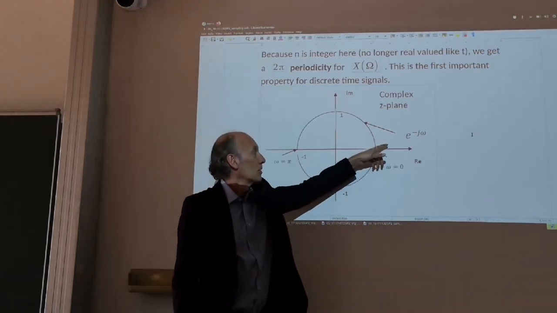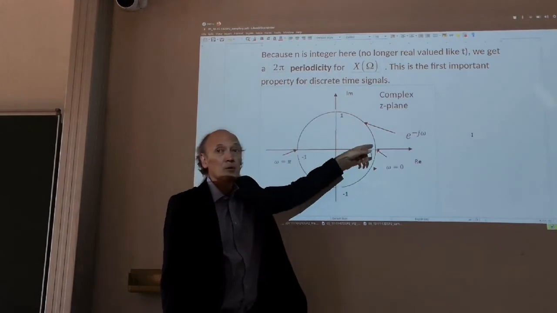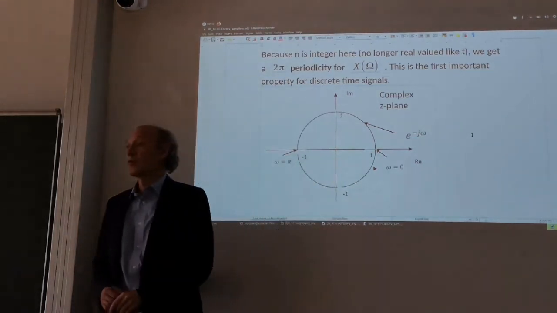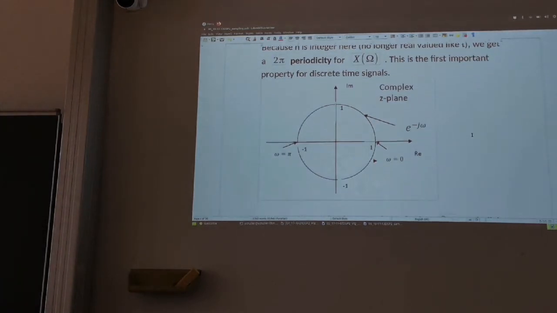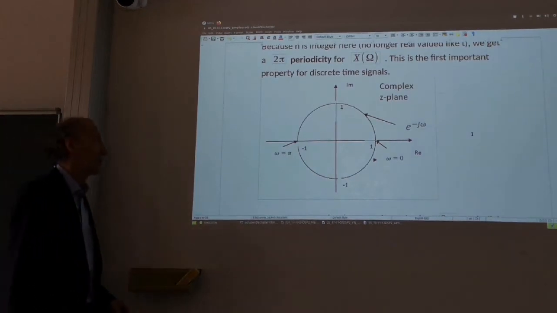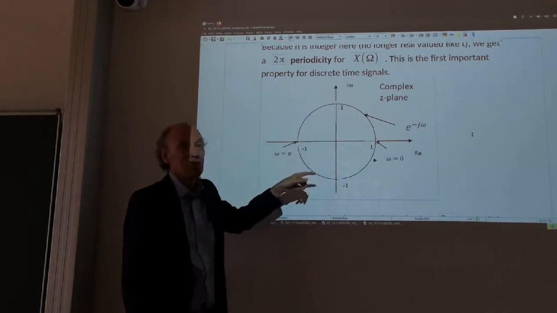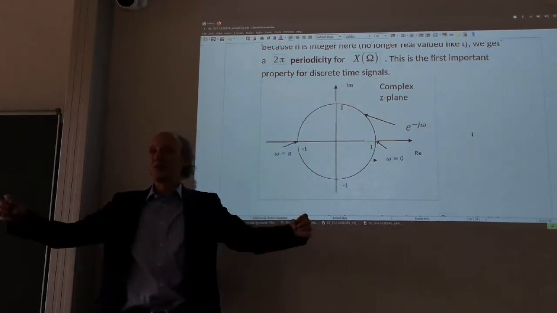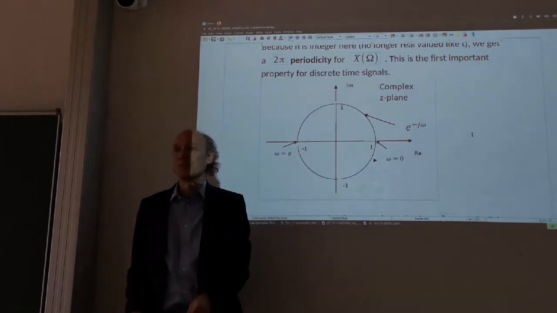When you look at e to the minus j omega, it repeats. When you have omega equal to 2 pi, it's identical to 0. So this is basically the frequency domain in discrete time signals. Instead of a line extending to infinity, here you have a closed circle which repeats.